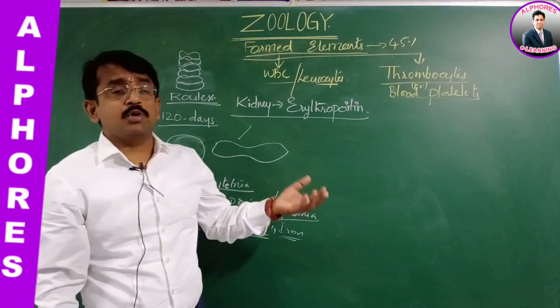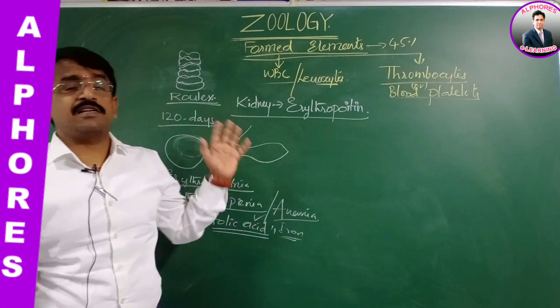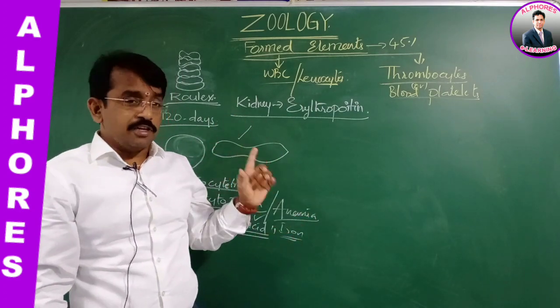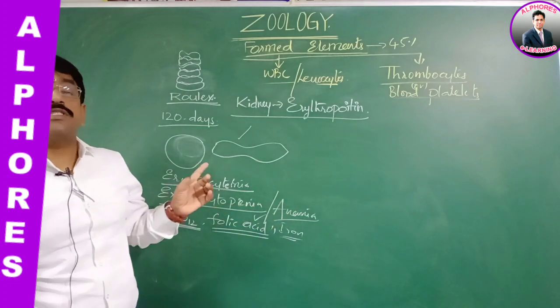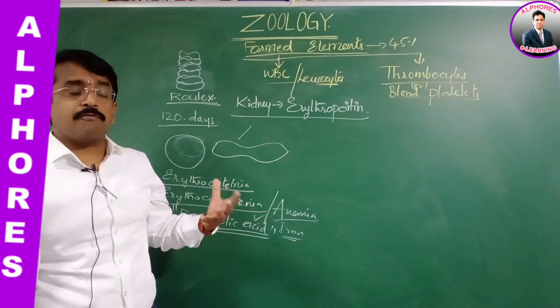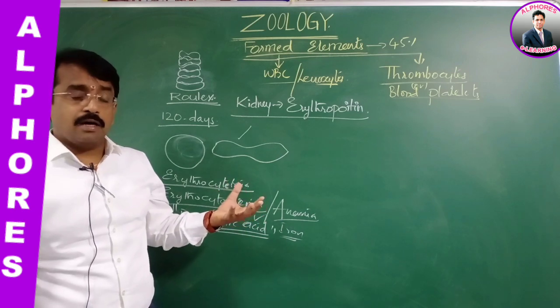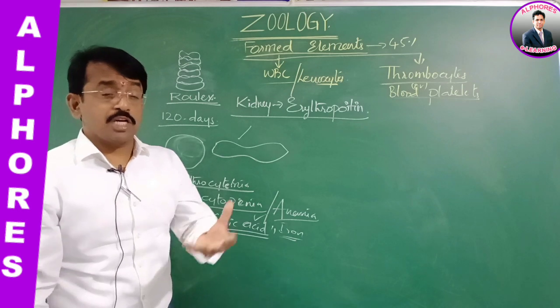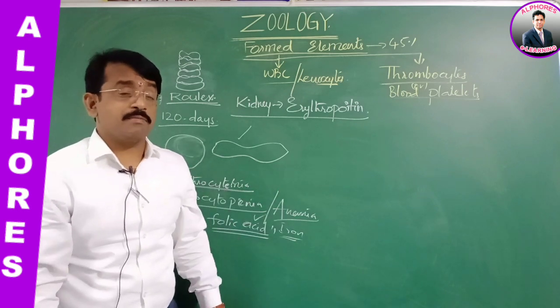RBCs contain hemoglobin. We have discussed that it is a tetramer conjugate protein, a respiratory pigment with heme and iron as well as the globin protein, and it is an oxygen carrier. If hemoglobin carries 4 oxygen molecules, the saturation of hemoglobin is 100%.